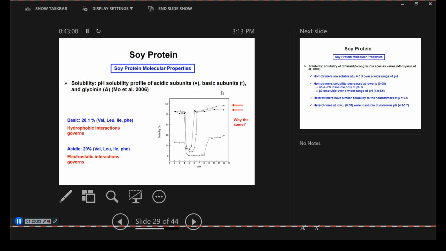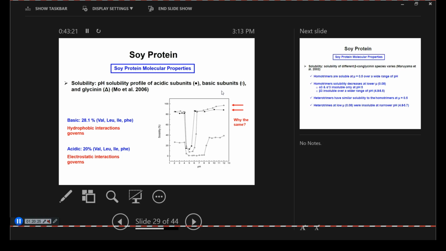Therefore, the basic subunit has 28% of its amino acids as valine, leucine, isoleucine, phenylalanine, the most hydrophobic. And it is a critical percentage.